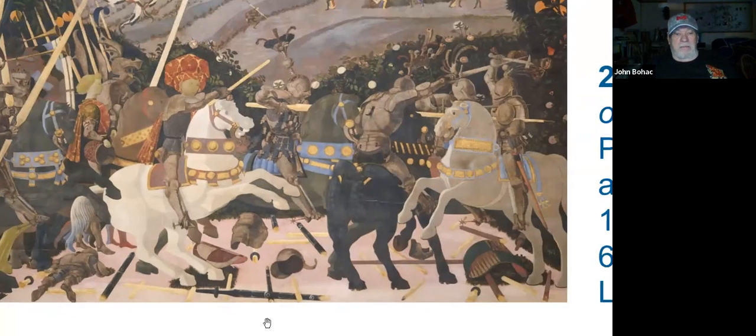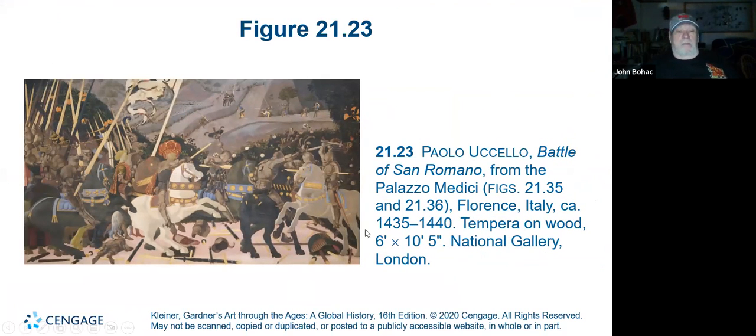In this, one of the things that Uccello does is that he lines a lot of this stuff up to emphasize the orthogonals of 1 point linear perspective, which is really kind of cool. Uccello becomes quite a master at linear perspective.